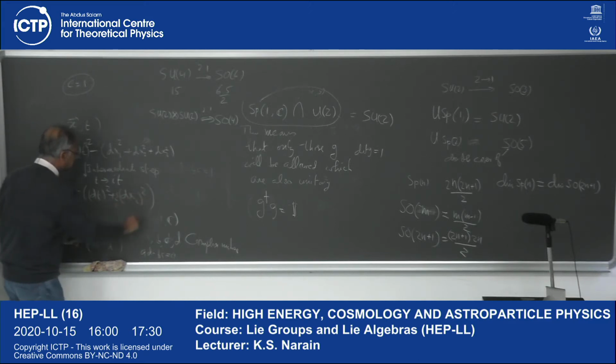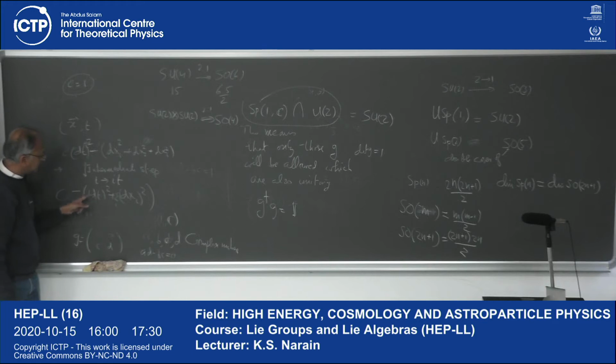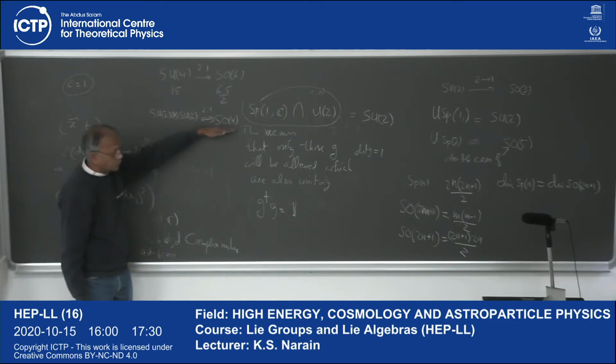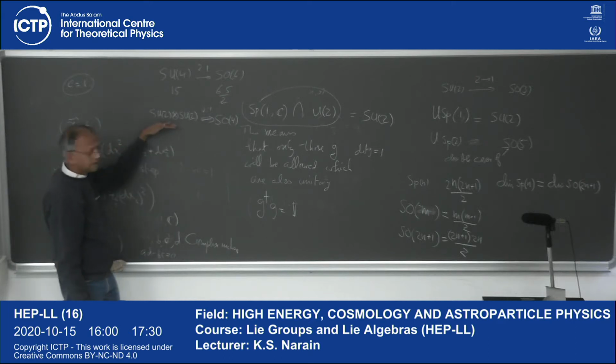Now you see here you have an SO4 symmetry, because SO4 precisely preserves this 4-dimensional Euclidean metric. So at the intermediate step, you see SO4. And many times in the calculation, it becomes easier to think in terms of SU2 cross SU2.